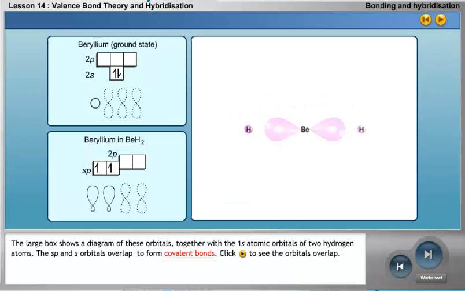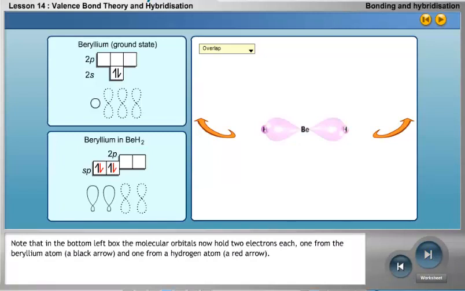The large box shows a diagram of these orbitals, together with the 1s atomic orbitals of two hydrogen atoms. The sp and s orbitals overlap to form covalent bonds. Click the forward button to see the orbitals overlap.